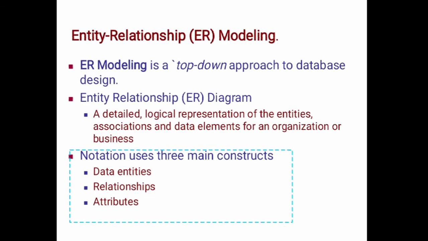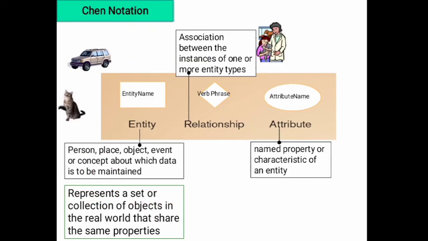Now we will see entity relationship modeling. Modeling is the top-down approach of a database which consists of a logical representation of the entities as well as attributes and their relationships, so it contains three types of constructs: entities, relationships as well as attributes.